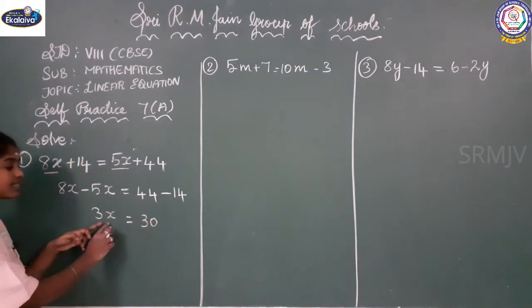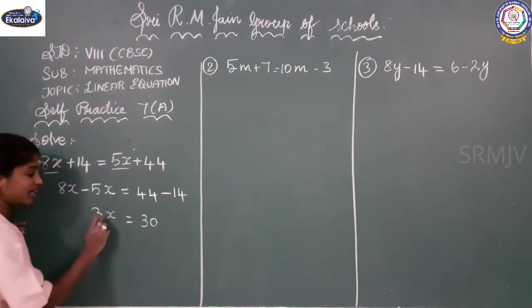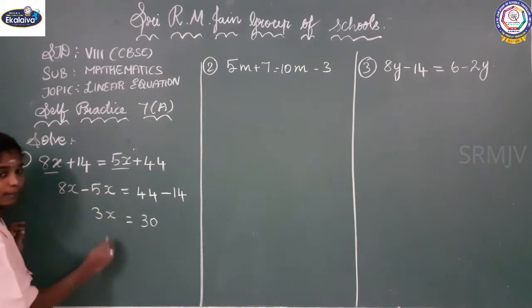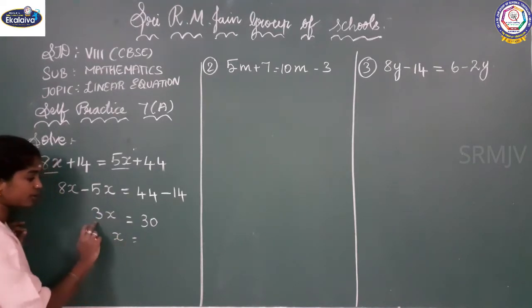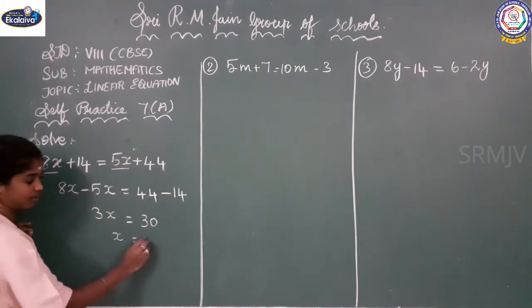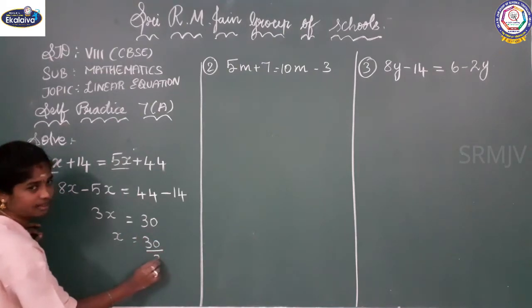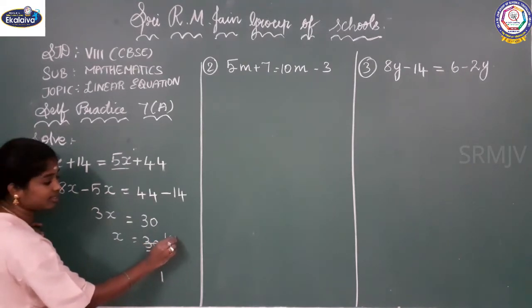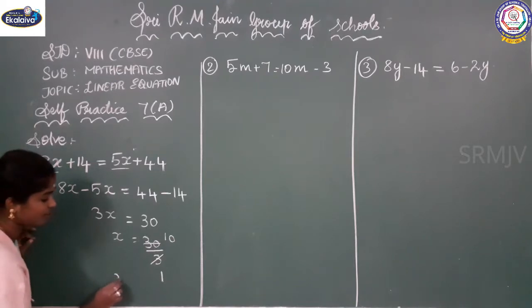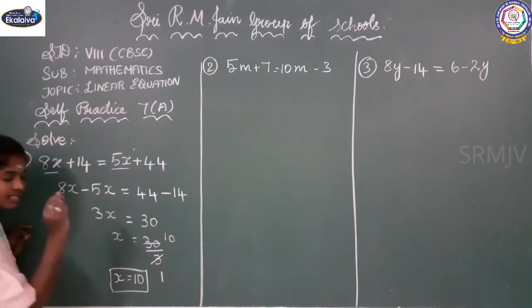So, this is 3 into x. So, I need only the value of the variable x, right? So, I am going to keep that alone this side. I am going to take this 3 to that side means into 3 becomes division 3. So, 3 ones are 3, 3 tens are 30. So, the value of x is what? X is 10. Do you understand this?